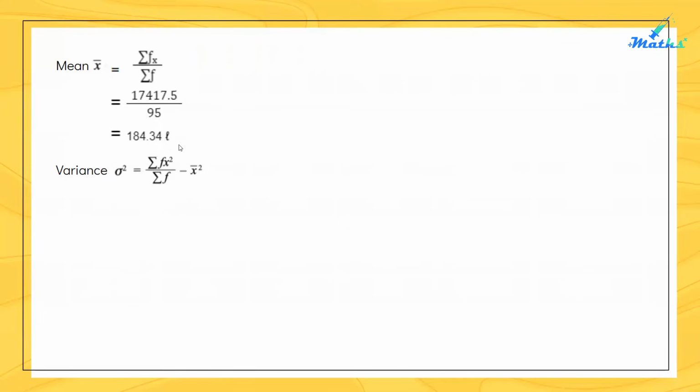For the variance, this is the formula for it: sum fx power 2 divided by sum frequency minus mean power 2. So we take 3215133.75 divided by 95 minus 17417.5 divided by 95, bracket power 2, and we get 229.1856.